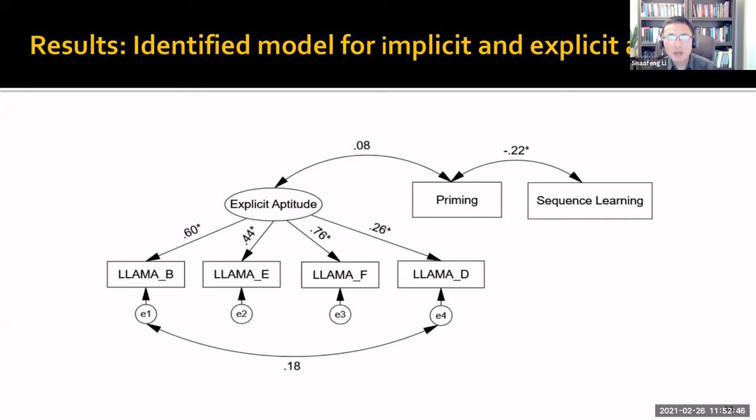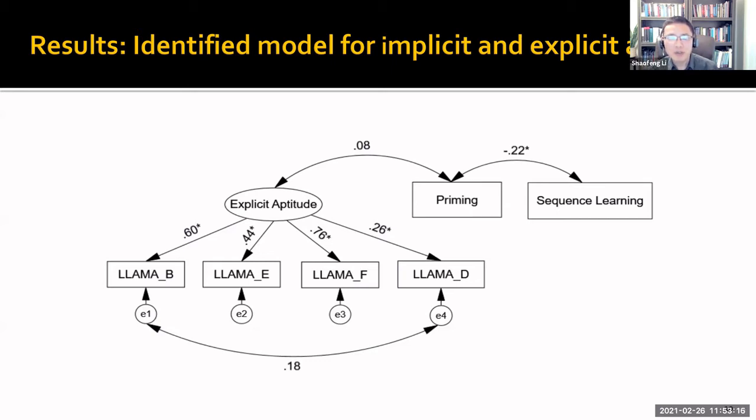In this model, the 3 measures of implicit aptitude were uncorrelated, except for a weak negative correlation between priming and sequence learning. So priming, sequence learning, and Llama-D failed to converge on the same factor. And Llama-D actually turned out to be a measure of explicit aptitude.